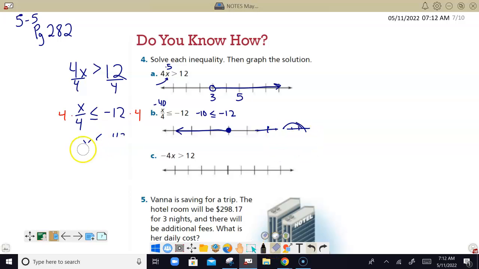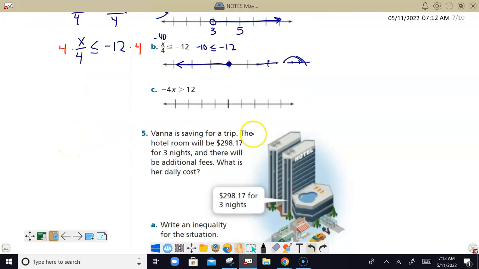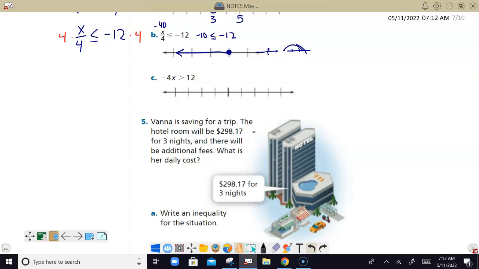Letter C is an example where we see the twist, the new thing that we're learning with inequalities. A little bit different than an equation. Here we solve it the same exact way. In fact, we're going to be dividing by negative 4. If we just solved this and used the same symbol, our answer would be negative 3, right?